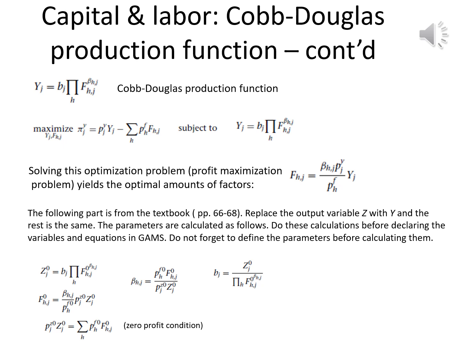These parameters are shown with 0 as superscripts, you see. So you have to define them, and you have to calculate them as they appear in the bottom half of the slide here.